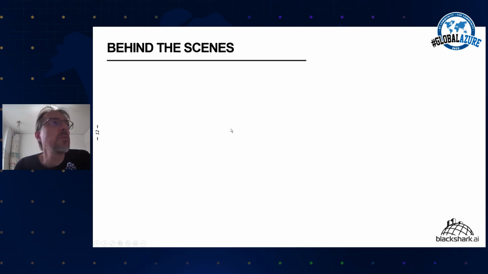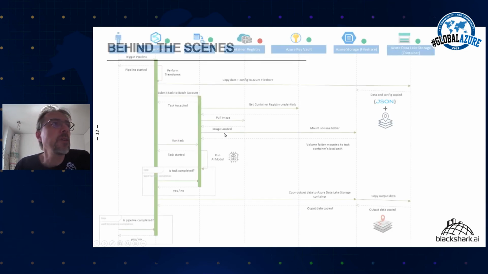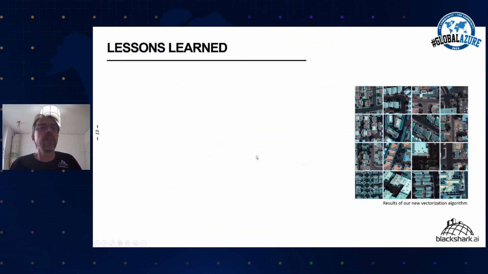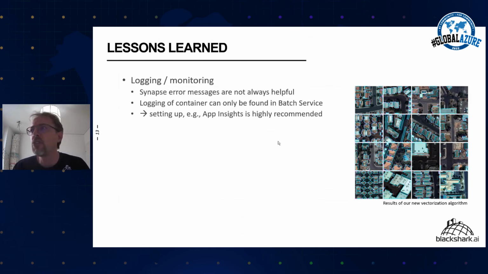Behind the scenes, because we're already a little bit late in time, I'm going to skip this detailed diagram, which I've more or less already talked about, and talk a little bit about the lessons learned. One thing which I didn't show you is all of the logging and monitoring. On the one hand, Synapse provides very nice capabilities.